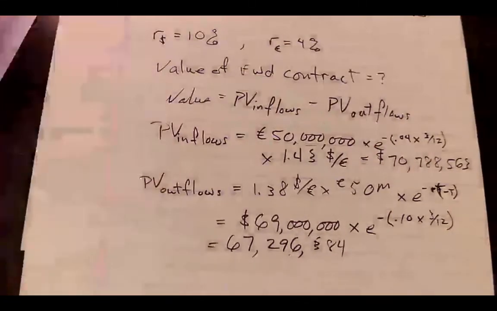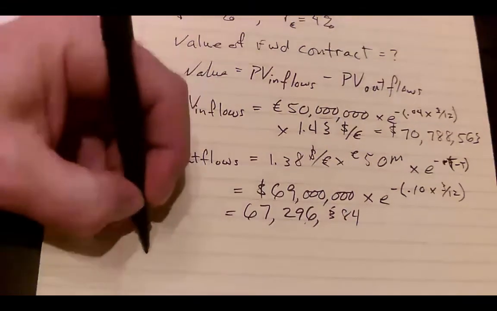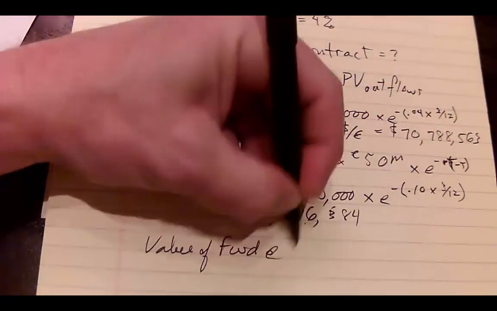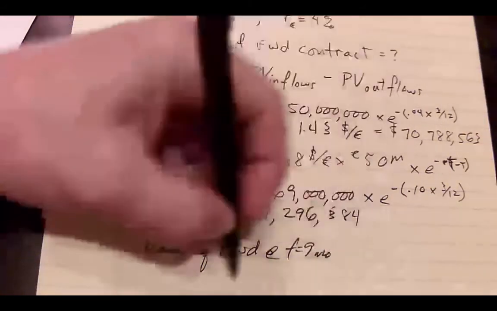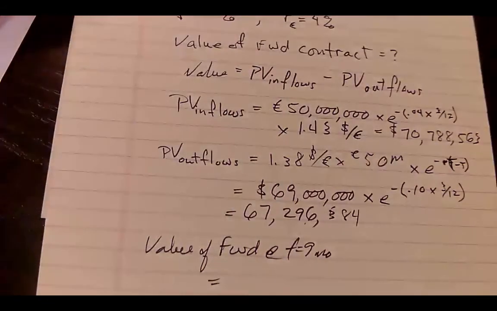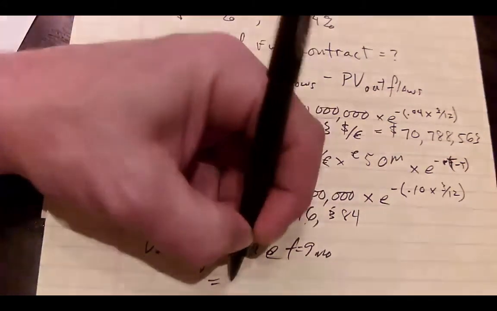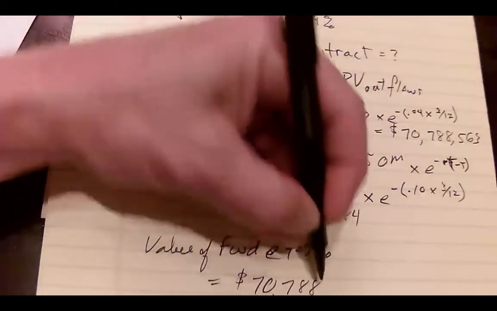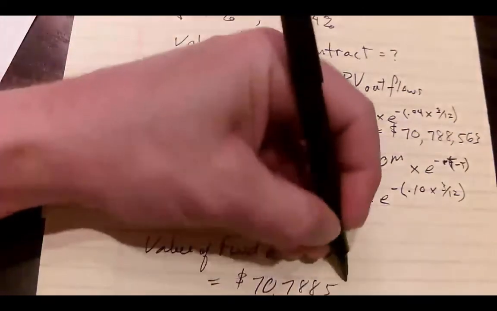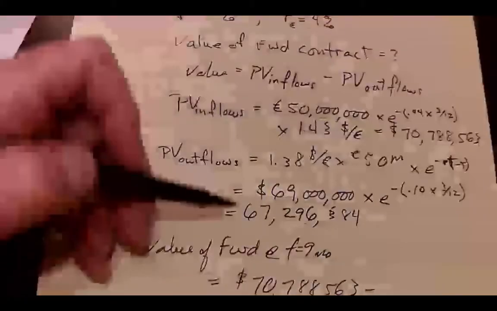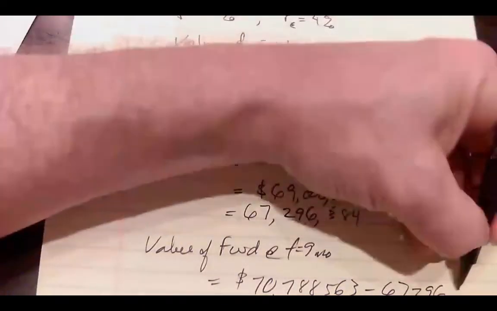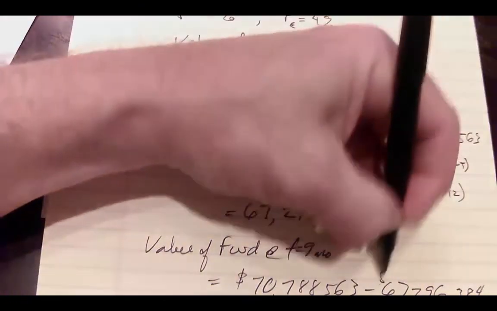So the value in total is the first minus the second. That's 70 million, 788,563 dollars minus the outflows, 67,296,384 dollars.